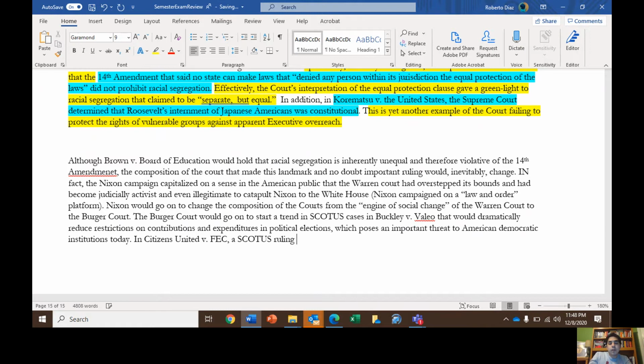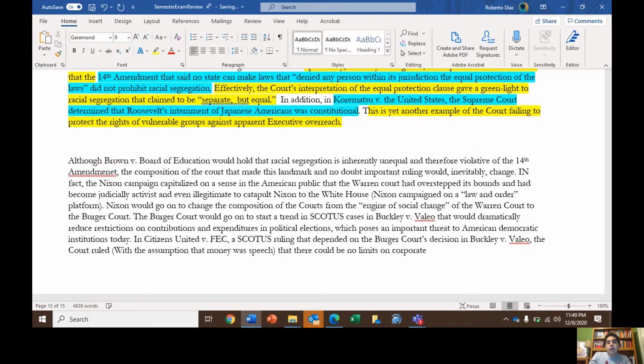a SCOTUS ruling that depended, remember stare decisis, on the Burger Court's decision in Buckley versus Valeo, the court ruled that with the assumption that money was speech, there could be no limits on corporate political expenditures.